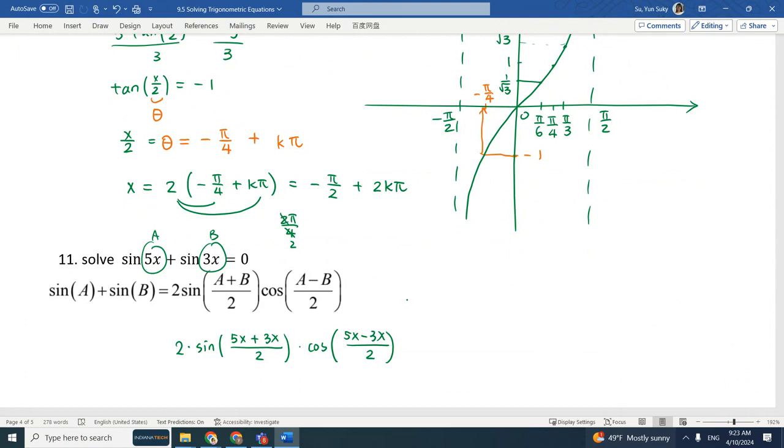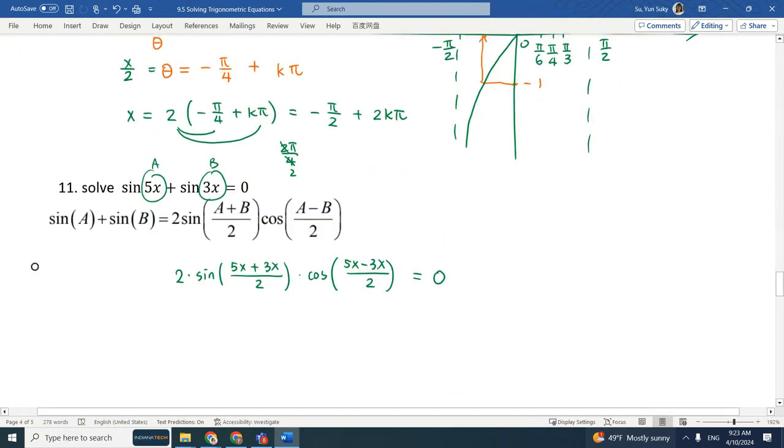And the right hand side, you still have equals 0. Okay? All right. Look in the parts. 5x plus 3x is 8x over 2, 4x. So simplify: 2 times sine 4x. And how about here? 5x minus 3x, 2x over 2, x.